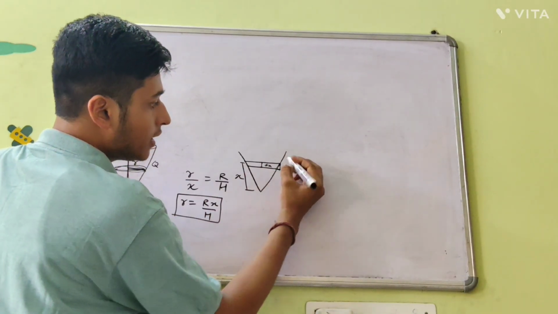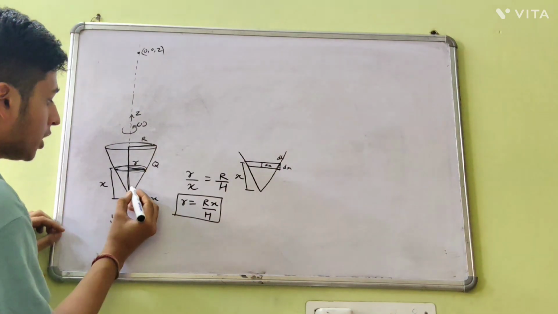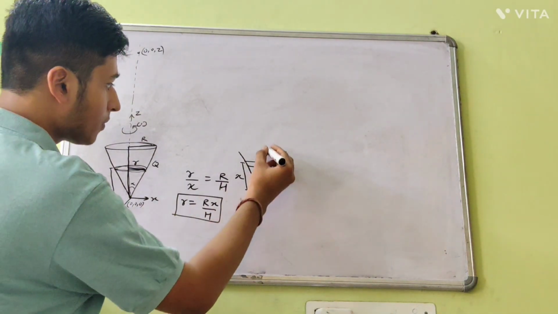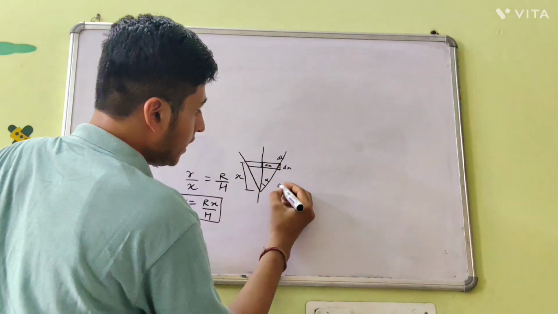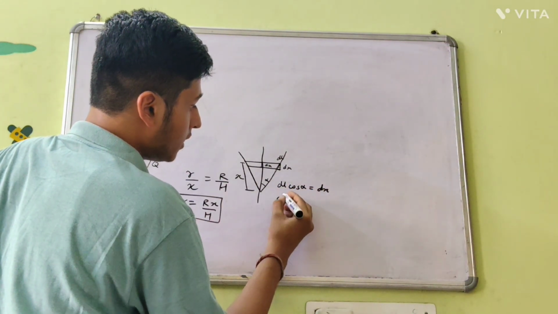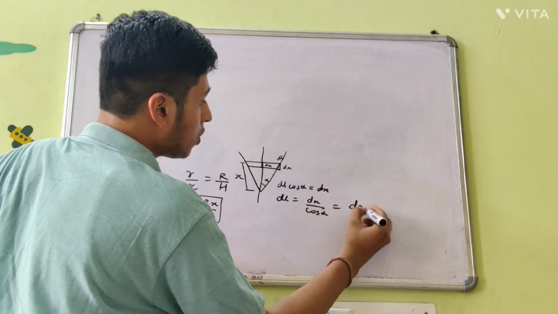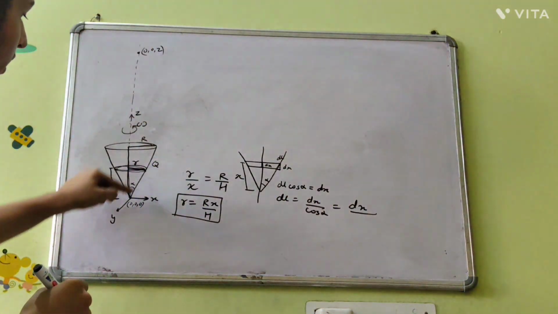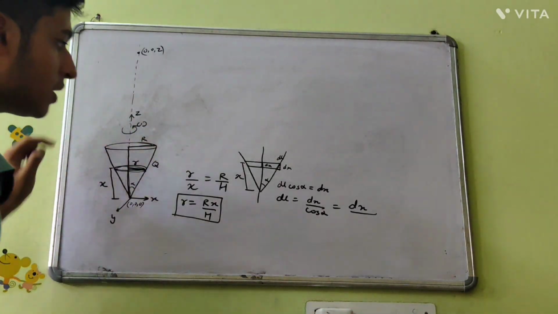Let us call this dl. If this angle is alpha, which is equal to the half angle of this cone, then dl cos alpha will be equal to dx. Hence, dl will be dx by cos alpha. And cos alpha from this triangle is h over under root h square plus R square.